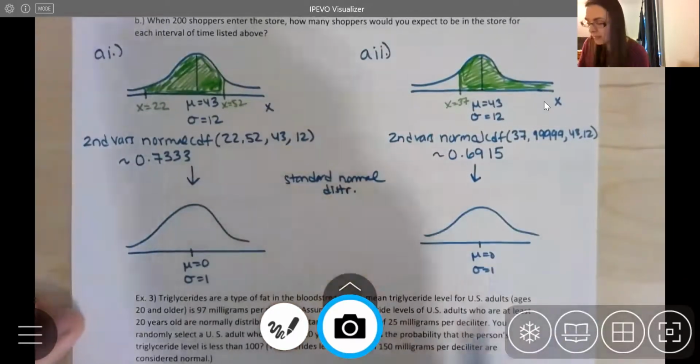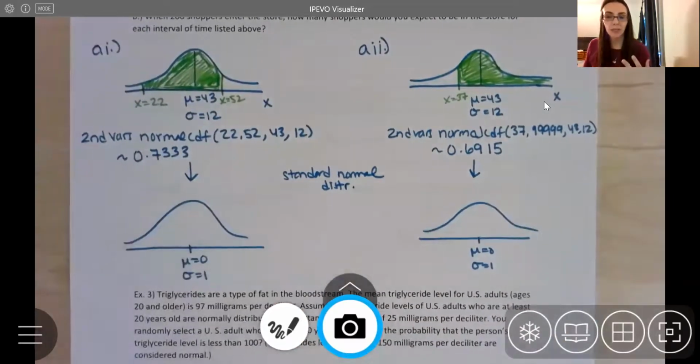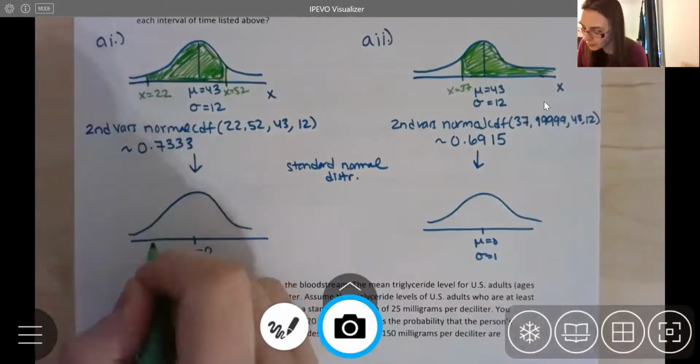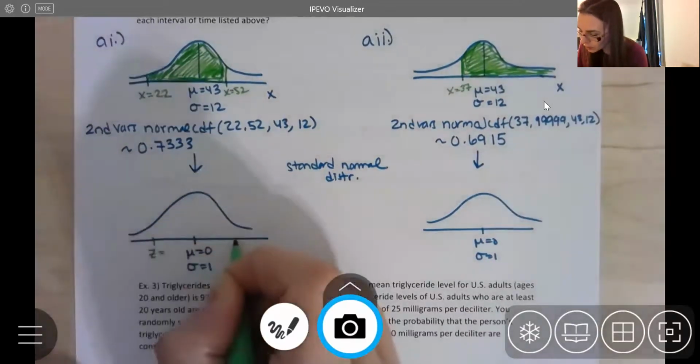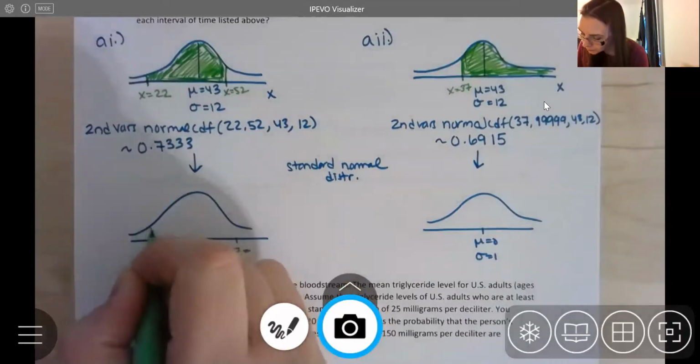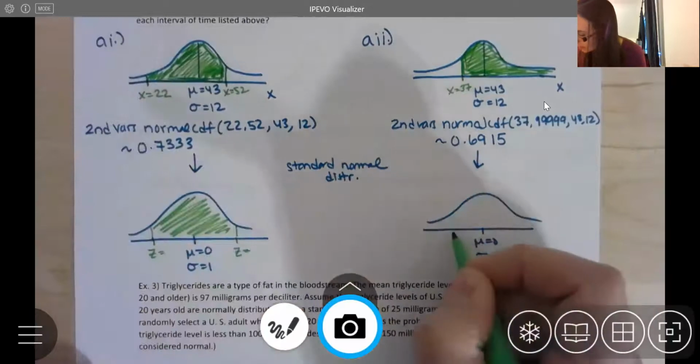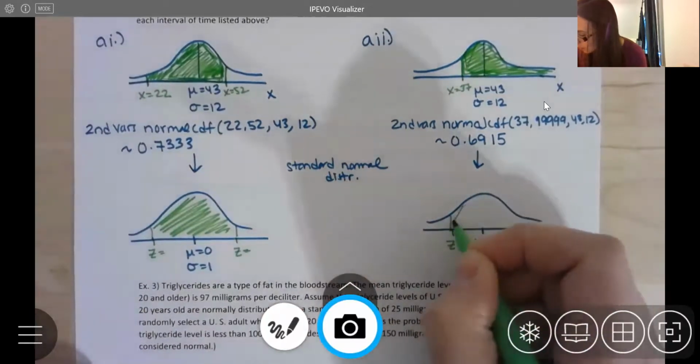And again, this is what you're going to do if it's asking you specifically to find z-scores, or if you're not using technology. I do strongly encourage you to use technology because it's going to make your life a lot faster. But if you don't want to, then that's okay. So your pictures are still going to be the same. We just need to find out our cutoffs in terms of z-scores.